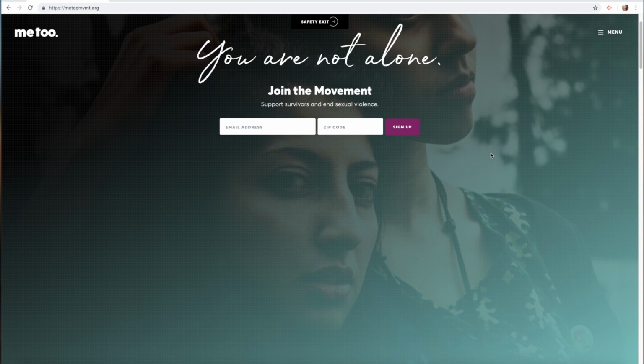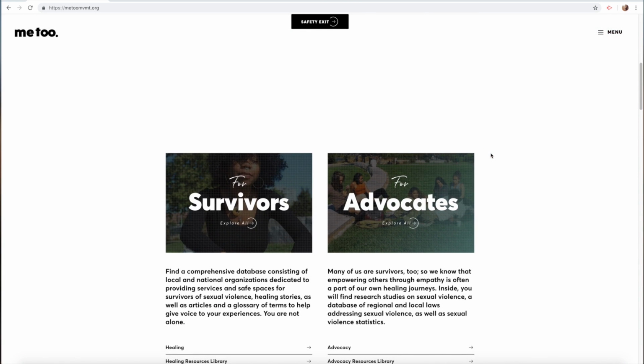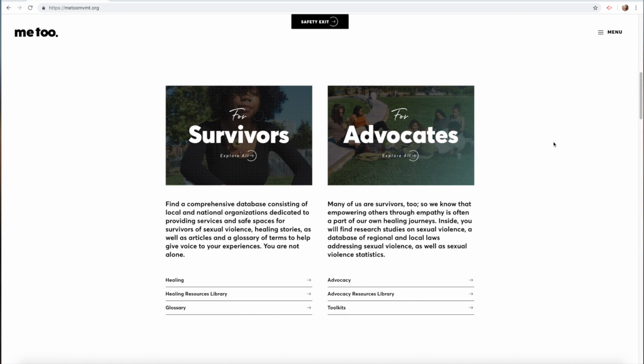But as you scroll down, the web page changes, the back page and the picture goes away and immediately lights up. An experience for a person to come to this website is probably either they're a survivor or they want to be an advocate or they just want to know more about this movement. So as you come here, it immediately categorizes you into survivor and advocate.